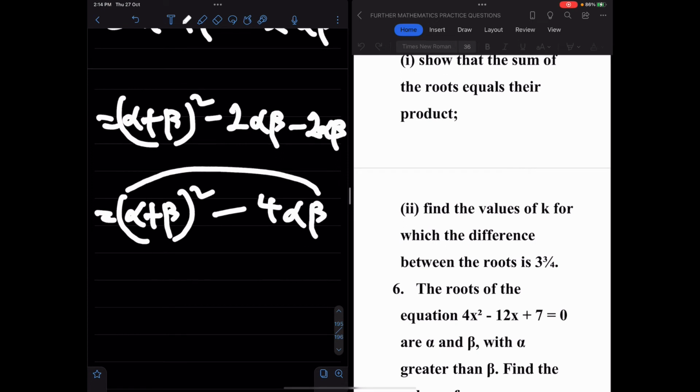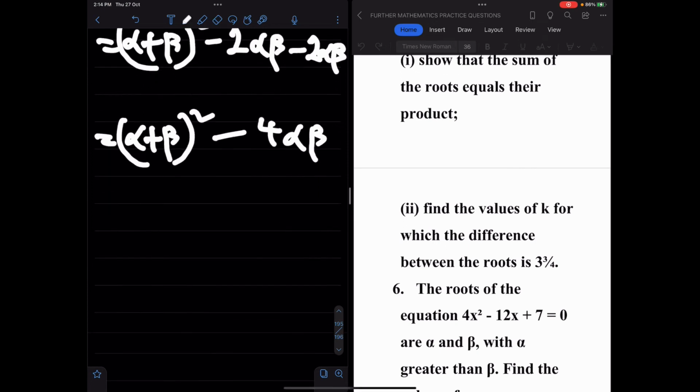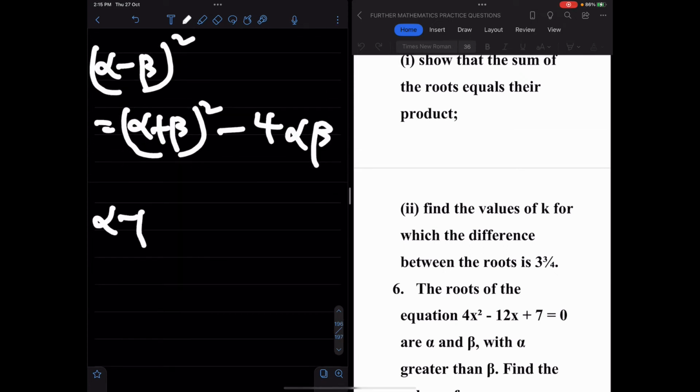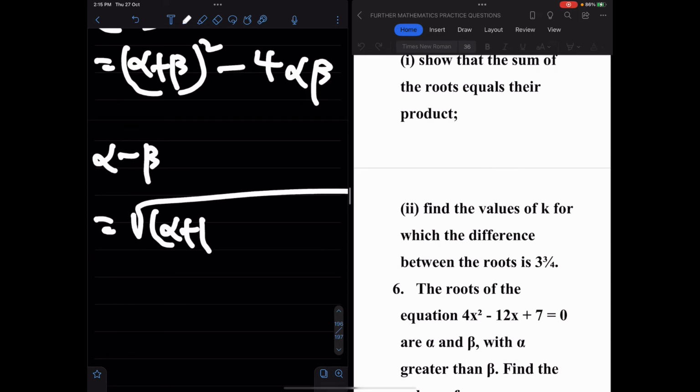This is the square of alpha minus beta. Let me write it. Alpha minus beta all squared is equal to alpha plus beta all squared minus 4 alpha beta. That therefore means that alpha minus beta itself is the square root of the whole of the right hand side, alpha plus beta all squared minus 4 alpha beta.